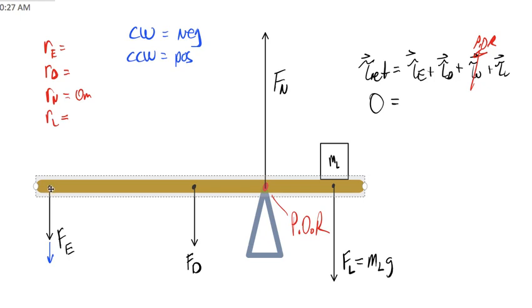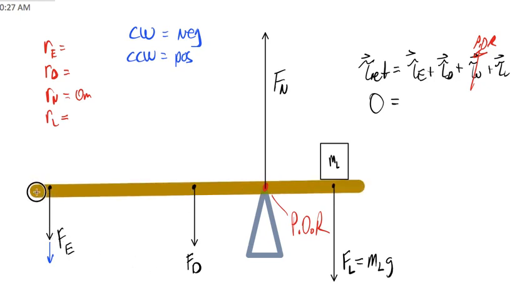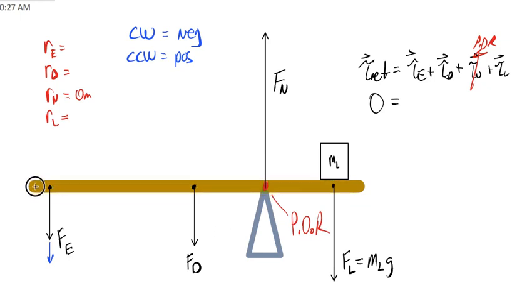So in fact, both FE and FD would cause the bar to rotate in this direction. That makes these two torques positive. However, if we take a look at where FL is located, this vector makes it want to rotate this direction, which would be the clockwise direction. And since that is clockwise, that makes this vector negative.